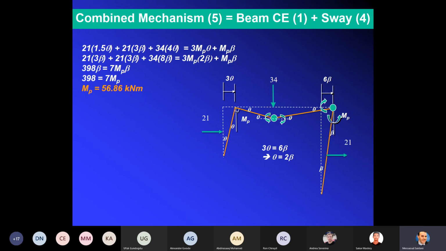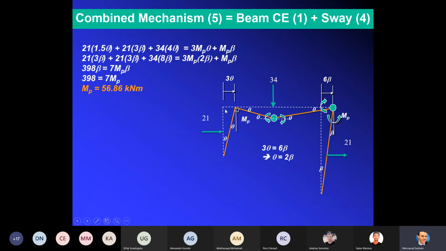When you're combining mechanisms, don't consider combinations that will give you more hinges, because you will get a smaller value for moment, okay? Because look, if you combine this with this beam mechanism here, this hinge will not disappear.